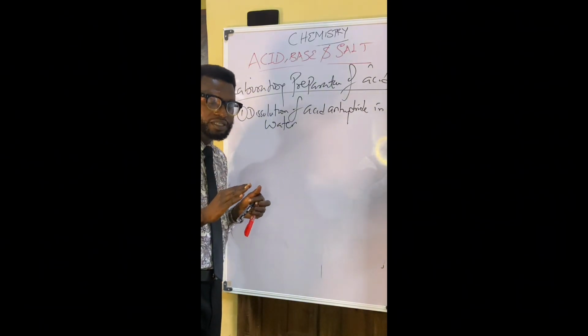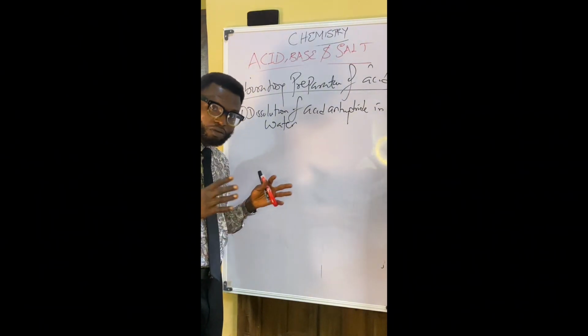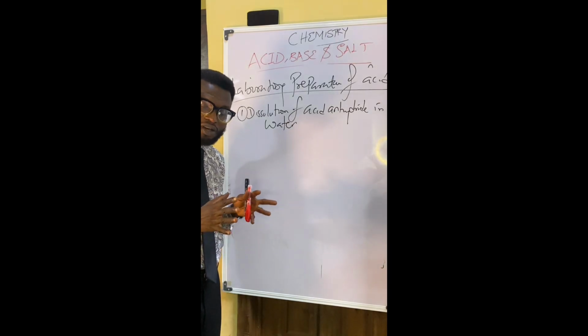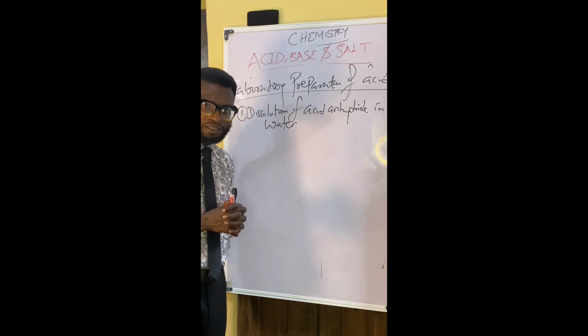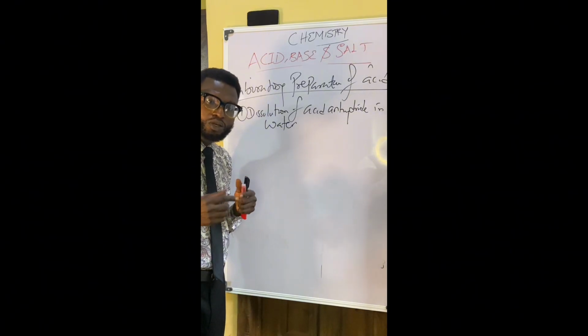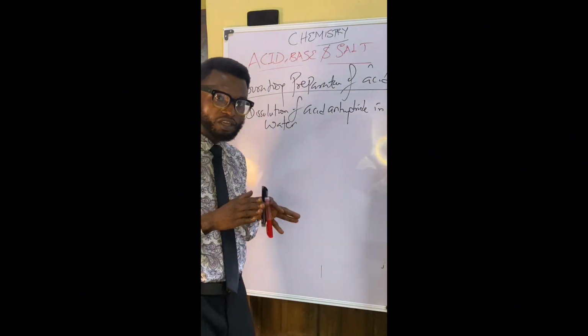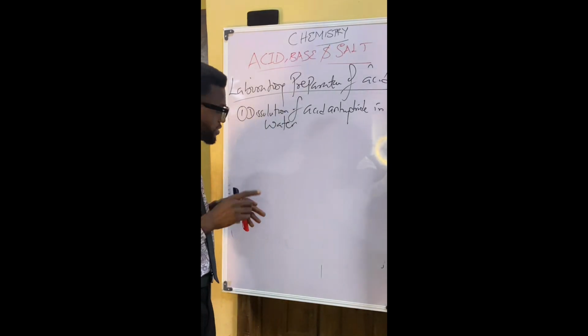As the name suggests, they are oxides of non-metal, or non-metallic oxides, that dissolve in water to produce acids. In other words, they are non-metallic oxides which dissolve in water to furnish an aqueous solution whose pH is less than 7.